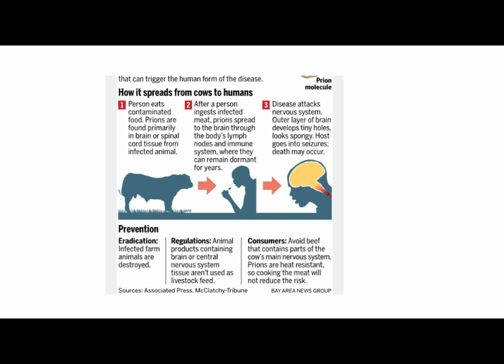Now, after a person ingests the infected meat, prions would spread to the brain of the individual, the body's lymph nodes, and immune system, where they tend to remain dormant. Now, the disease would attack the nervous system. The outer layer of the brain would develop tiny holes, looking spongy. Then the host would go into seizure and death may occur. So that's how you would acquire mad cow disease, class. Humans would acquire this by ingesting infected cow or cattle meat.